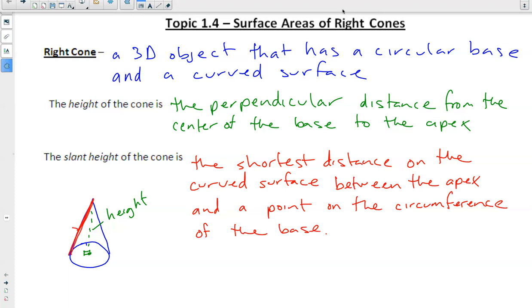So that is right here, and that is my slant height. All right, so just some terminology there that you are expected to be familiar with.